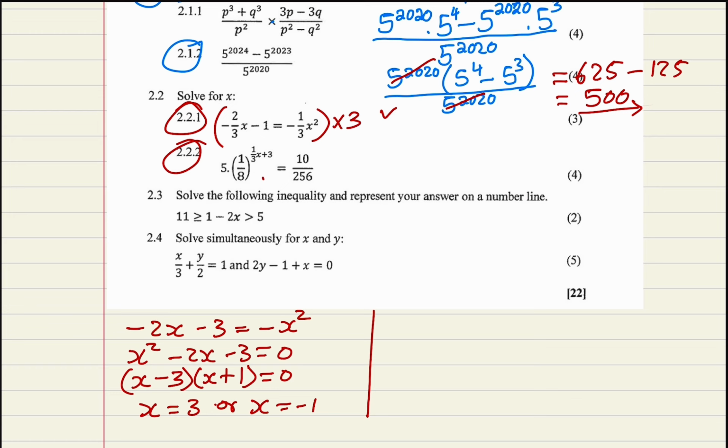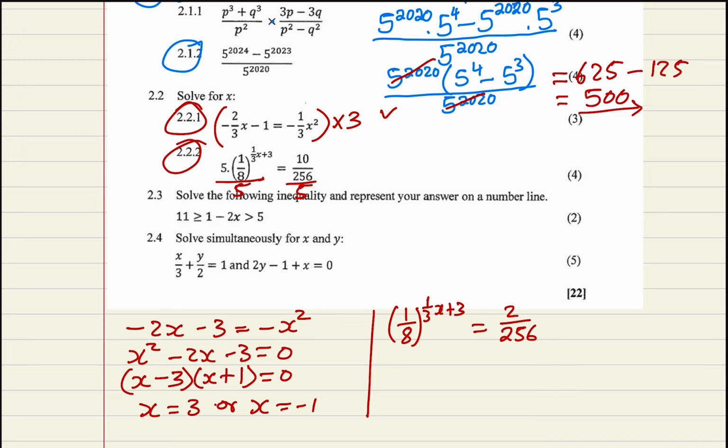Okay, get rid of the 5 first. So if I divide by 5, I'll have 1 over 8 all raised to 1 over 3x plus 3 is equal to, if we punch maybe our calculator, we will be having 2 over 256.